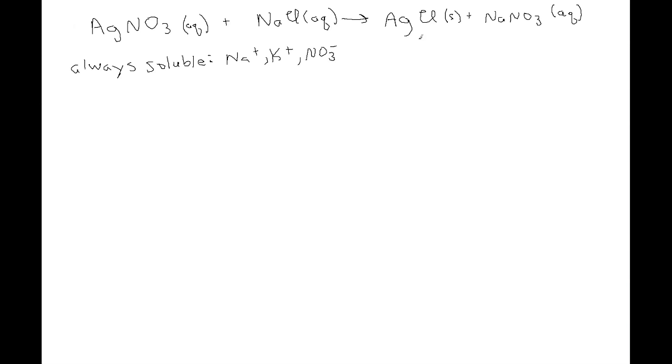By the way, what's the charge on nitrate? -1. Right. What's the charge on sodium? +1. How do you know? It's in the first column of the periodic table. That's right. What's the charge on chloride? It's -1. And how do you know?